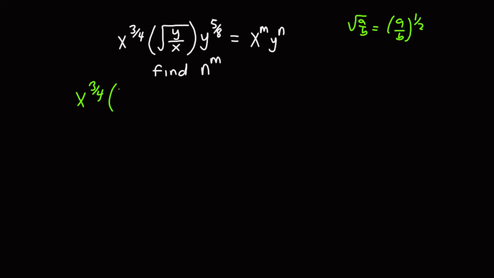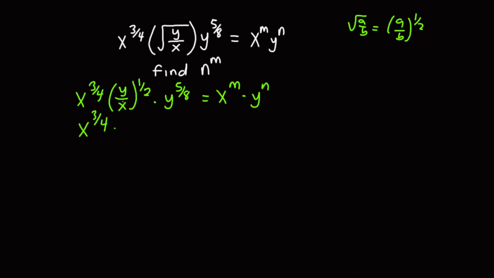So this is the same as y on x all exponent 1 on 2, and this is multiplying y exponent 5 on 8. Remember, this is equal to x exponent m times y exponent n. And so let's still go ahead. So I have x exponent 3 on 4.